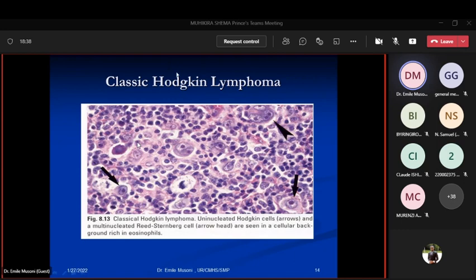This is a classic Hodgkin lymphoma. This is a Reed-Sternberg cell. You can also find it uninucleated, with one nucleus, like this one. And multinucleated, this one.